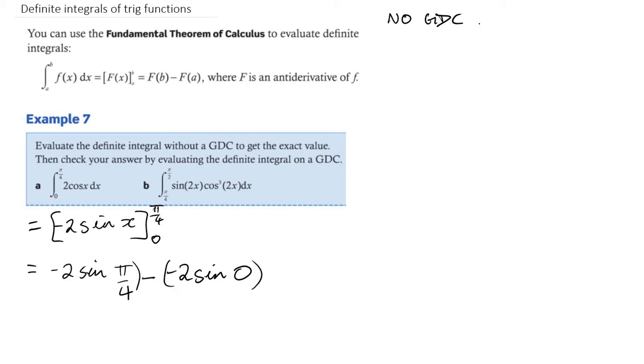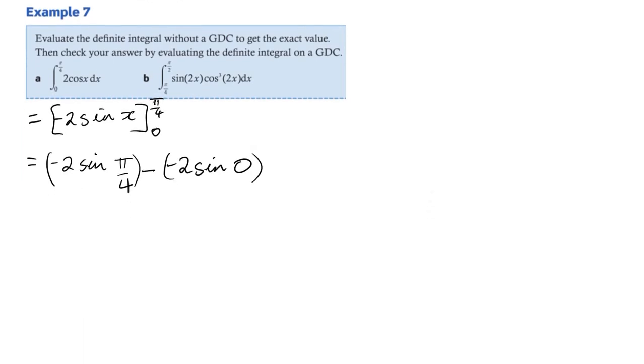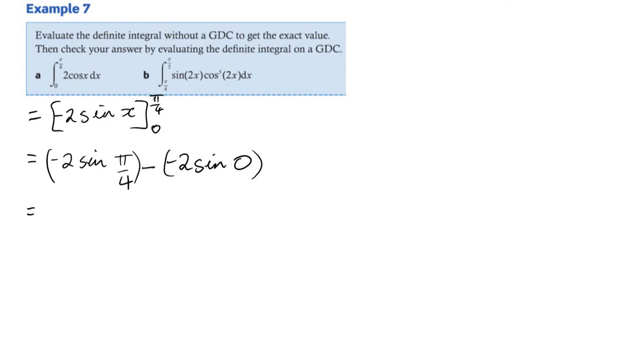Okay, at this stage, might be easier to leave brackets in. Sine of pi on 4. Okay, well, that's an exact value triangle. Sine of pi on 4 is 1 on root 2. So, negative 2 times 1 on root 2 minus negative 2.